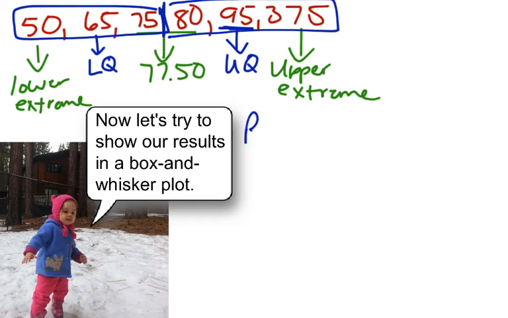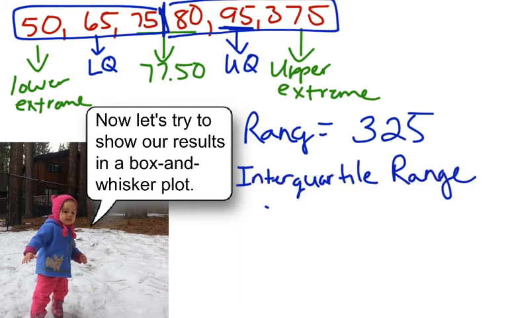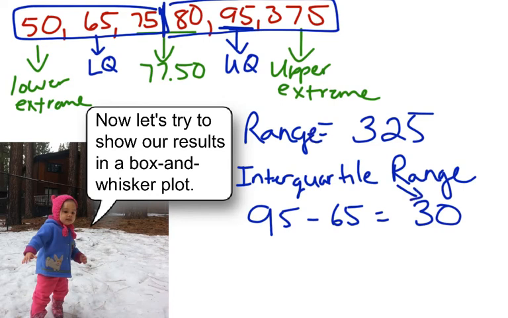I have range is 325, and then my interquartile range, that's going to be the difference between 95 and 65, or 30. So my interquartile range is 30. So when I look at my range, I can see that that's a pretty big difference as opposed to my interquartile range.